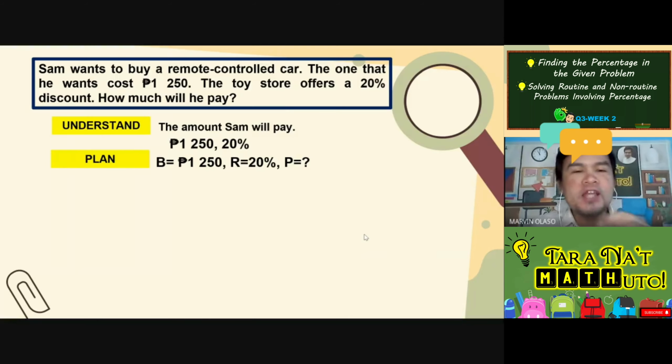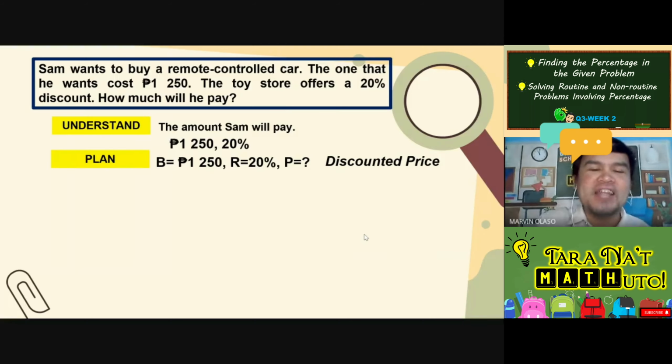To get the discount, we will follow the formula for finding the percentage. Once we get the discount, since we are looking for how much Sam will pay, we also need to get the discounted price, which is the price after the discount has been subtracted. So how do we get the discounted price? That is what we will discuss.